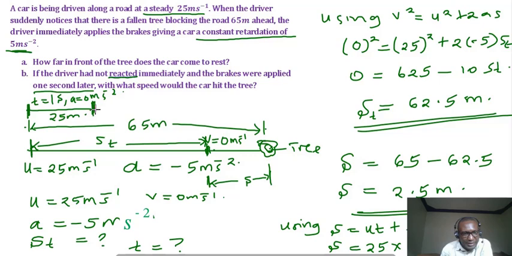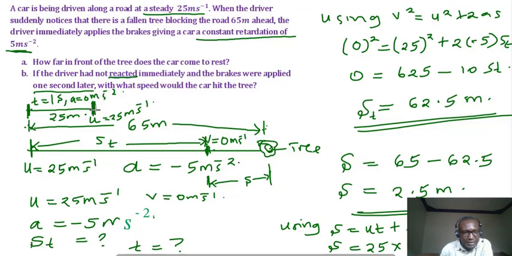Then after that, this driver applies the brakes, meaning that the initial velocity at this point is still 25 when he started applying the brakes at this point here. It means his speed started changing after 1 second here. So which distance are we remaining with? The whole distance from here up to here is 65, and we have taken off the 25 meters due to the delay.